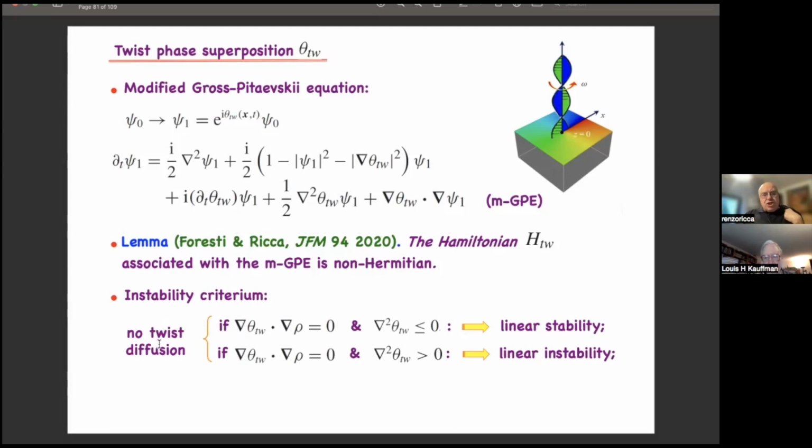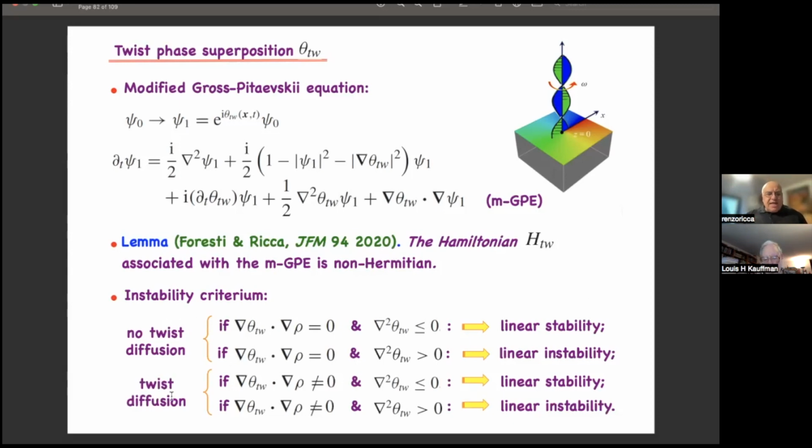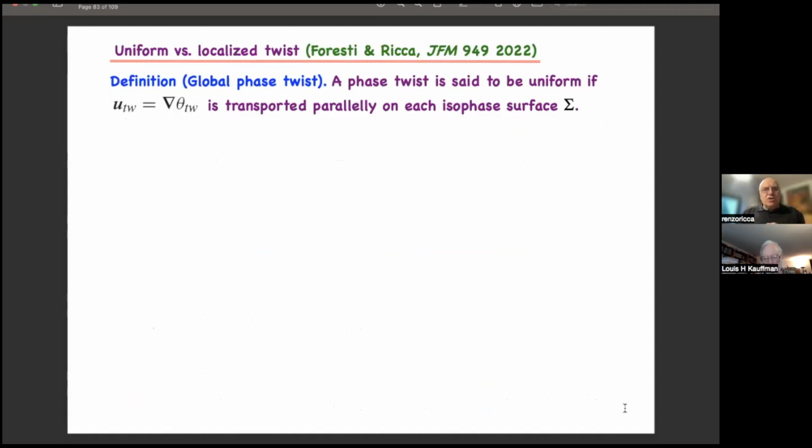And if there is no twist diffusion, in other words, if we inject twist locally, it stays localized. Okay, we have these results. But more interesting is that if we inject twist and we admit twist diffusion, this is the last case, we have a linear instability. And this is extremely interesting. So we went back to computers, and this is what I want to show you.